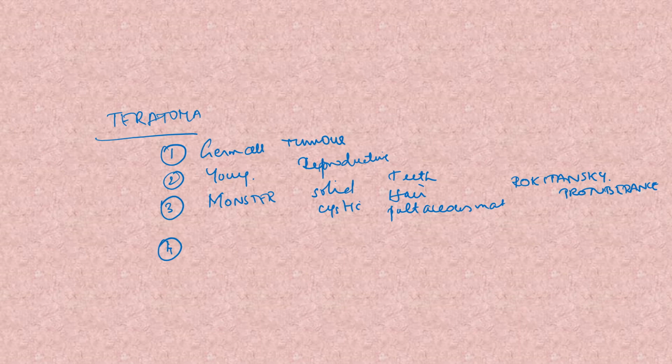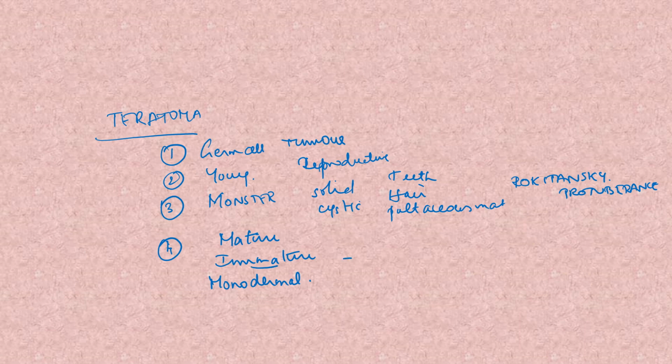Microscopically, you classify teratomas as immature, mature, and monodermal or highly specialized teratomas. Mature will have all the differentiated mature tissue. You can have cartilage, bone, adipose tissue, skin, your GI lining, your respiratory lining, or anything.